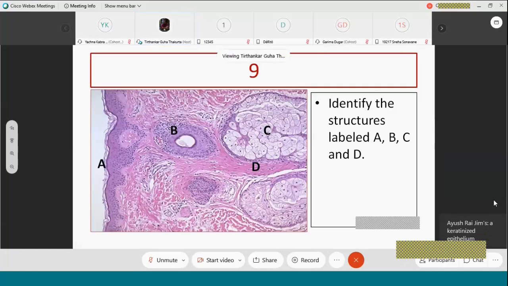Very good. So A is the superficial keratin layer of epidermis, or the stratum corneum. What does B represent? This circular structure with a hollow core. What is probably B?